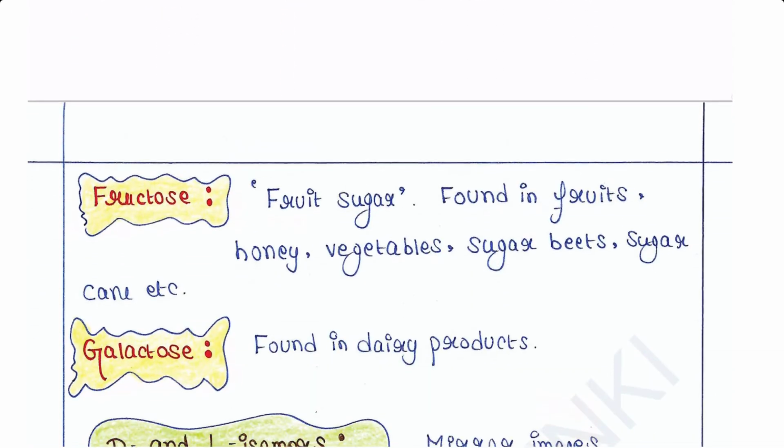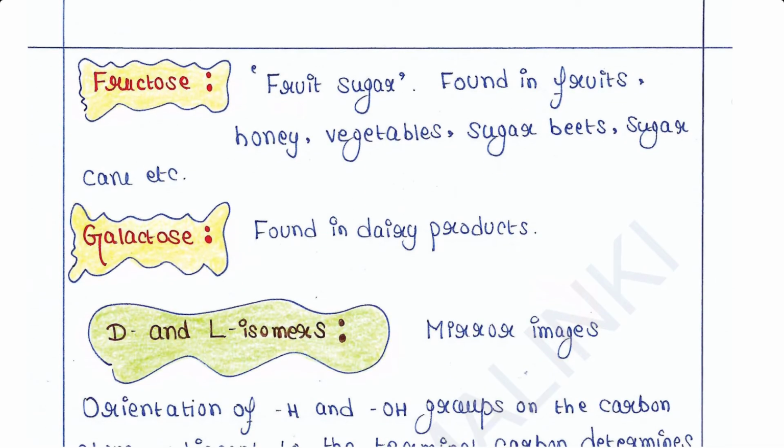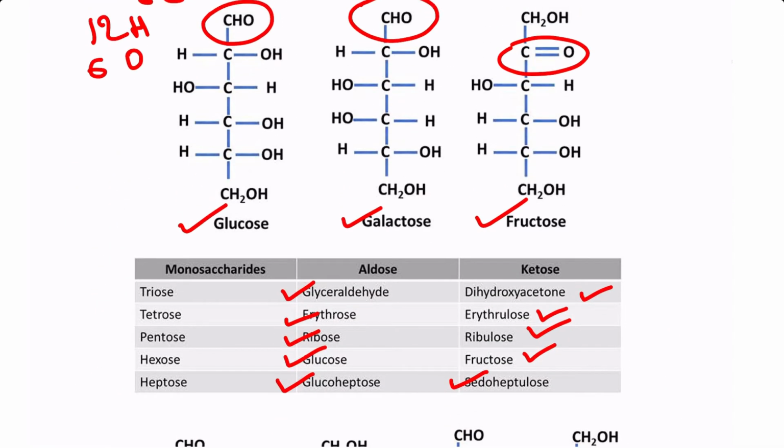Now, like glucose, fructose also contains 6 carbon atoms, 12 hydrogen atoms and 6 oxygen atoms.